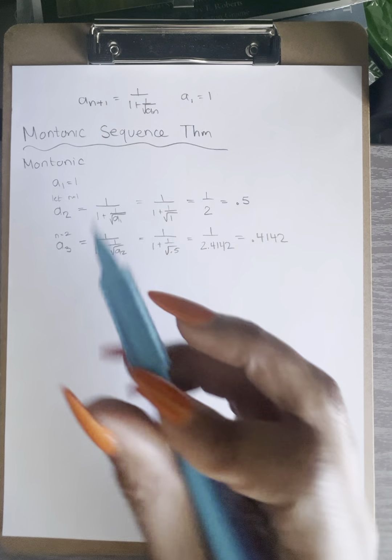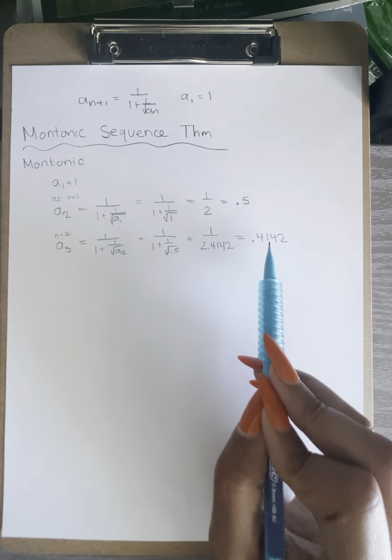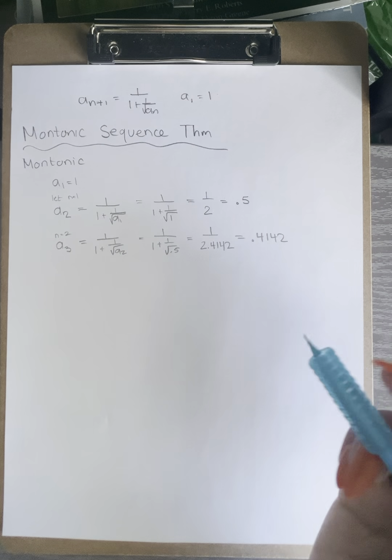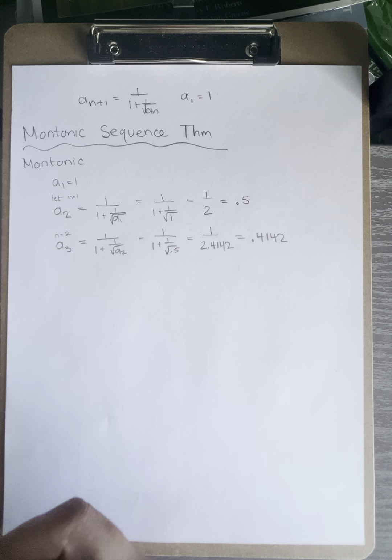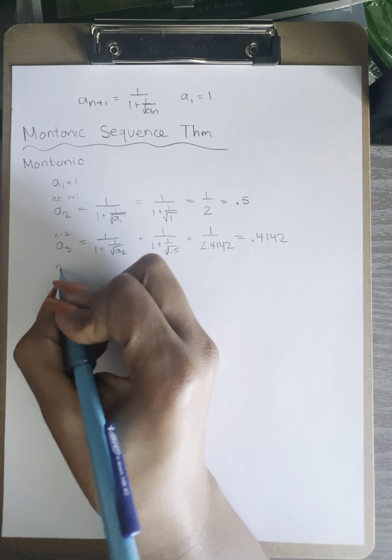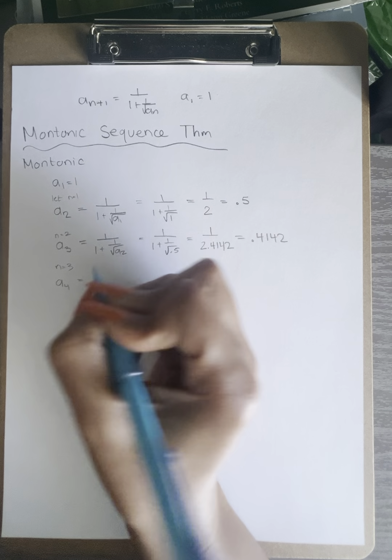I can see that I go from 1 to 0.5 to 0.4, so it seems like this function is decreasing. But let's go ahead and find the fourth term of my sequence to really see what's happening. So I'm going to let n equal 3. 3 plus 1 will give me my fourth term.